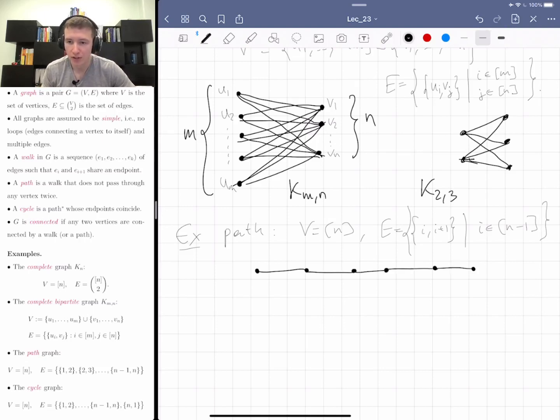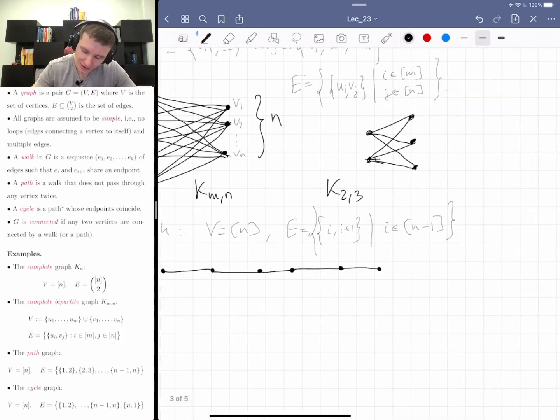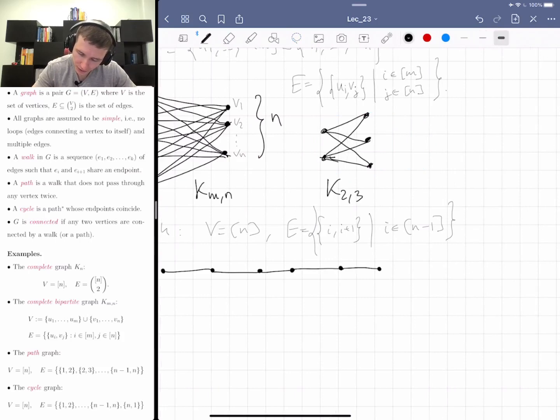Wait, K2,3 is planar. Did you mean? Oh, okay. Sorry. Yes. Yeah, K3,3, I should try to correct myself. Yeah, thank you. I was being confused. K3,3, this guy is not planar. Yeah, thanks.